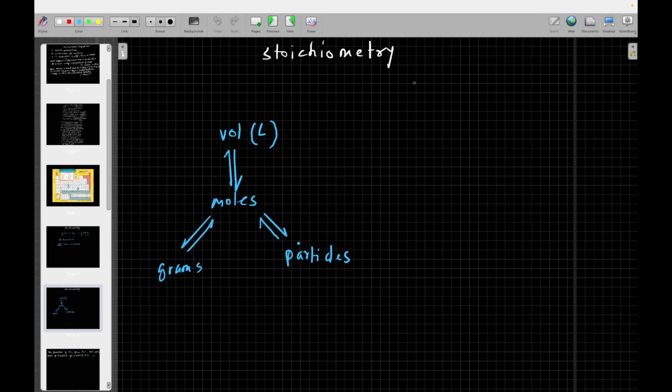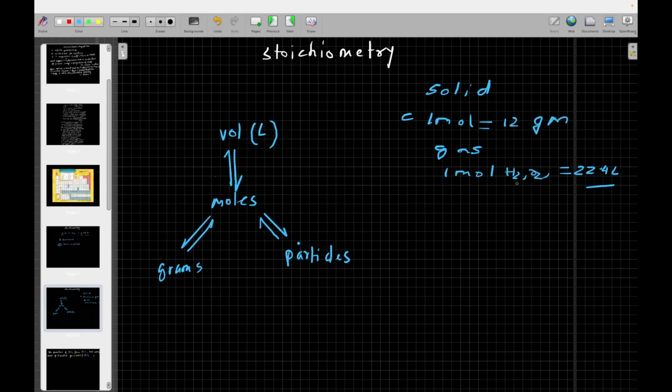For a solid substance, suppose carbon, 1 mole of carbon denotes the molecular weight of carbon, which is 12 grams of carbon. If the substance is in a gaseous state, we say that 1 mole of any gaseous element such as hydrogen, oxygen or nitrogen corresponds to 22.4 liter volume.